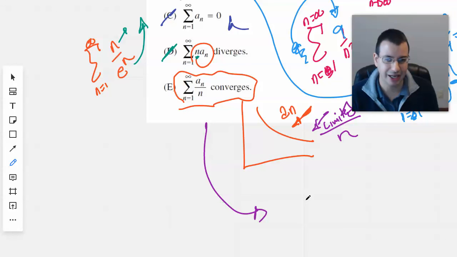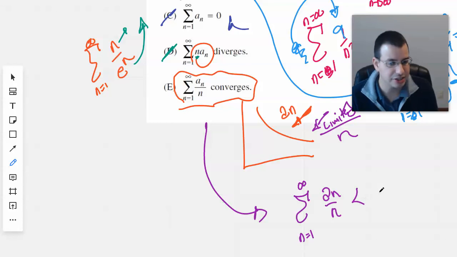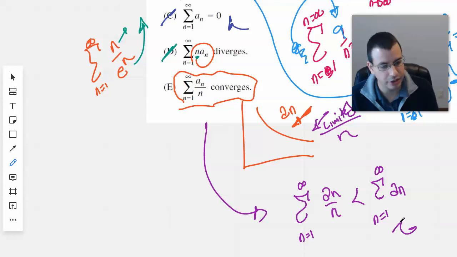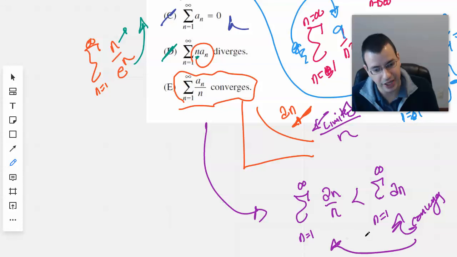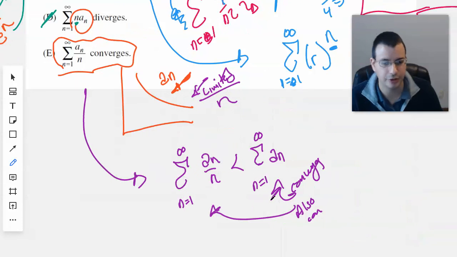And to be slightly more formal about it, you would say something along the lines of the sum from n equals 1 to infinity of a to the n over n is less than the sum from n equals 1 to infinity of a to the n. This converges. Therefore, the thing that is smaller than it must also converge.